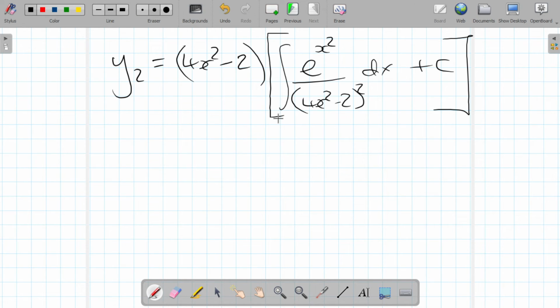Right. Now, this is the difficult part because we have to work out this. We have to integrate this on the right hand side of this equation in order to get the explicit form of the second linearly independent solution.